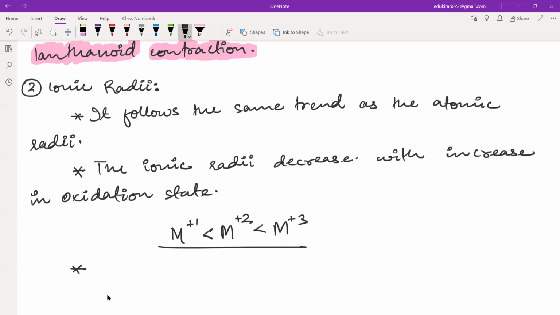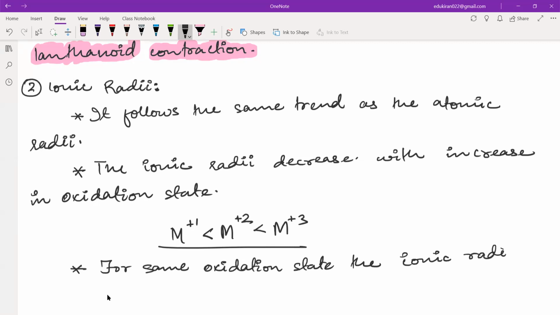But for the same oxidation state, the ionic radii decreases with increase in nuclear charge.